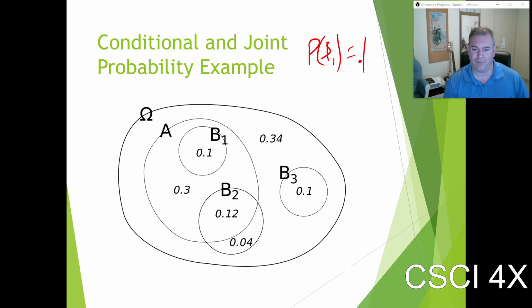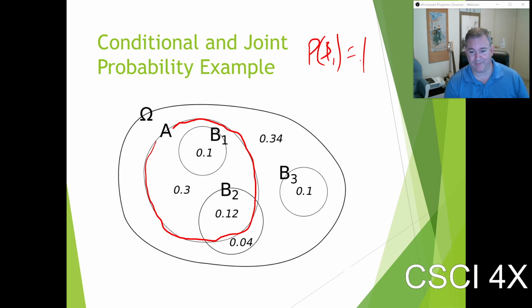So what is the probability of A happening? A is this circle here. It's not 0.3.